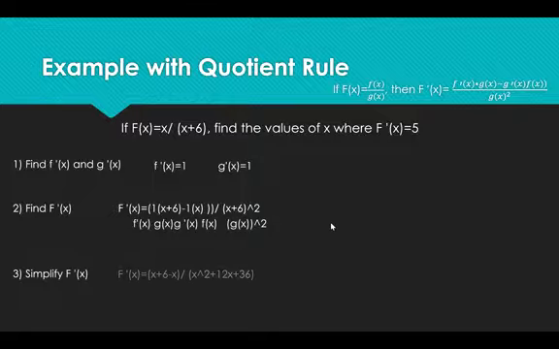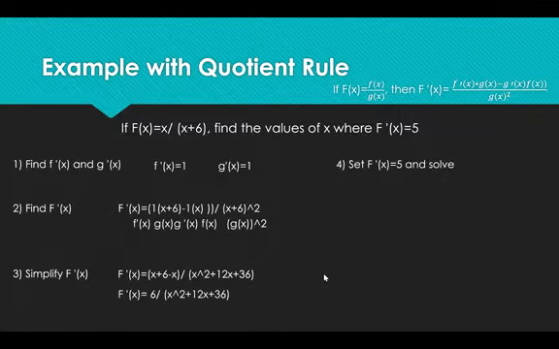All right, and if we simplify this a little bit, we can actually FOIL out this denominator. So the x plus 6 squared, if we FOIL that, we get x squared plus 12x plus 36. And also simplifying this numerator here, we get x minus x will give us just 6. And then lastly, we want to set that equal to 5 and solve.